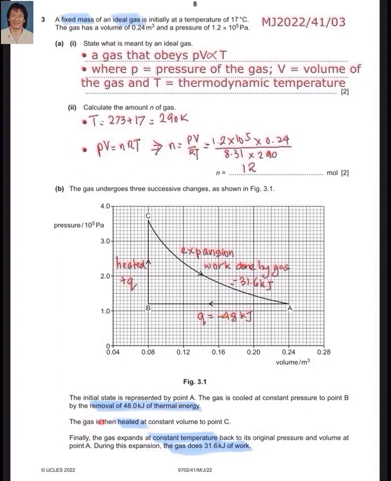The gas is then heated at constant volume to point C. So from B to C, the gas is heated. Finally, the gas expands at constant temperature back to its original pressure and volume at point A. So the gas goes back to A. During this expansion, the gas does 31.6 kilojoule of work.